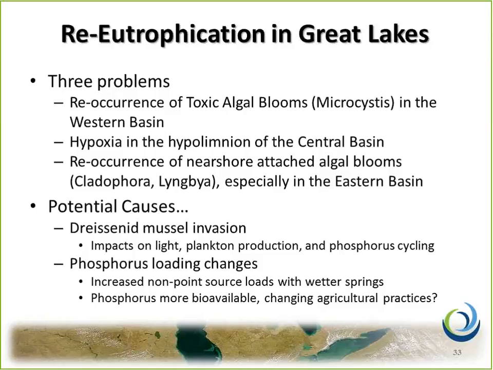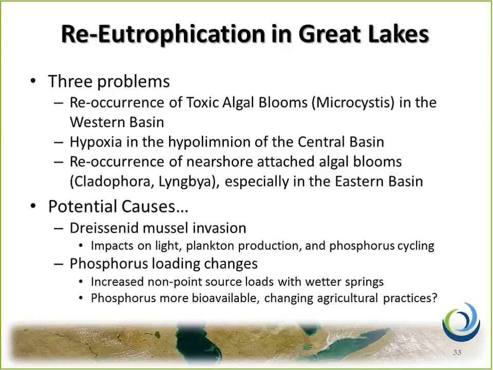And also the nature of phosphorus loads has changed, in part because of changes in weather, that it's wetter in the spring, and so the nutrient loads are more weather dependent. And phosphorus is now in a more bioavailable form, too.